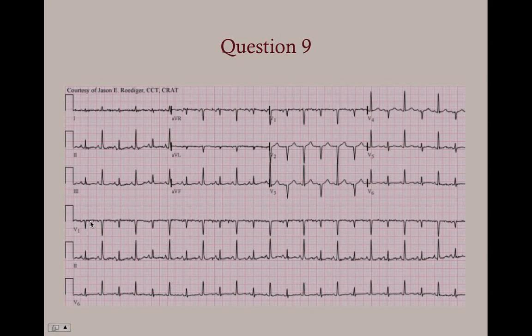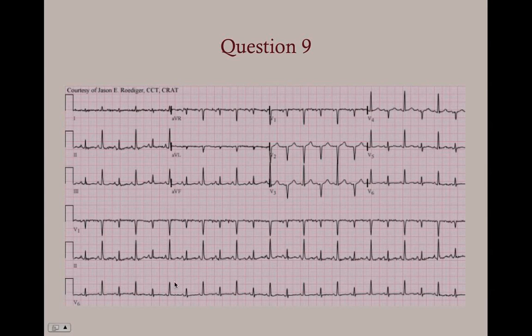This is just artifact. All this fibrillation-looking stuff, these little fibrillatory waves between the QRS and the P wave, is artifact from being in the vehicle and having vibrations on the EKG. So ignore that.